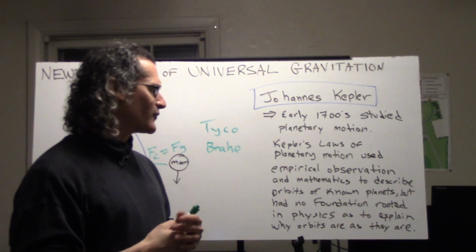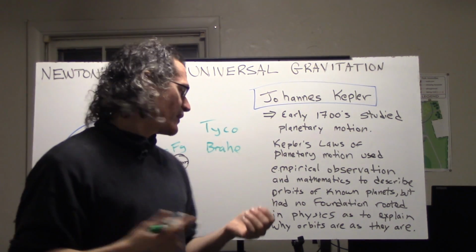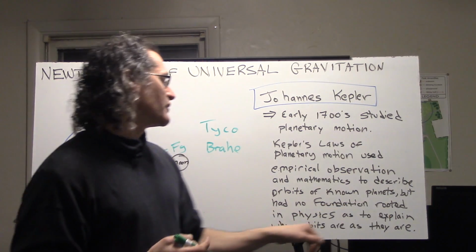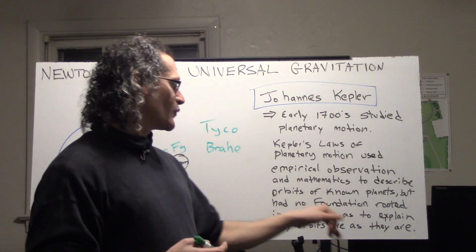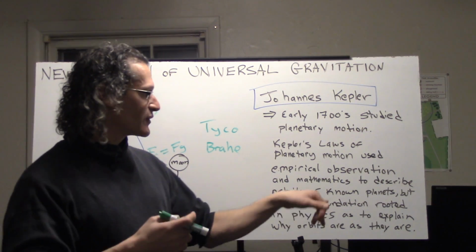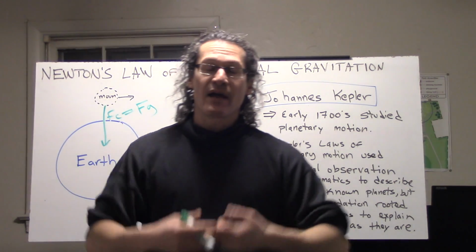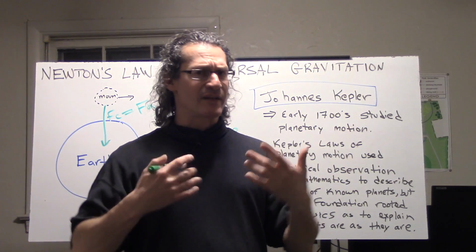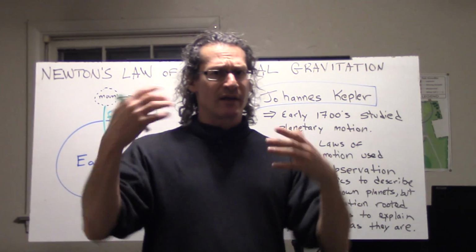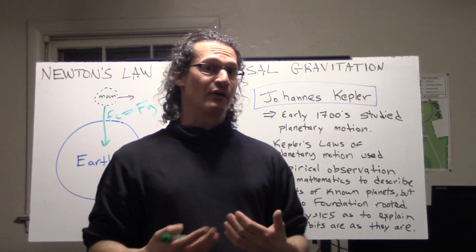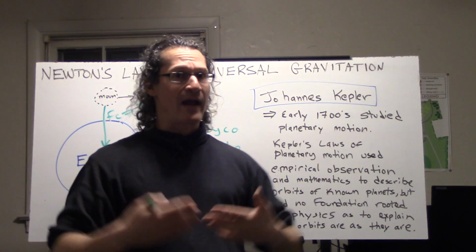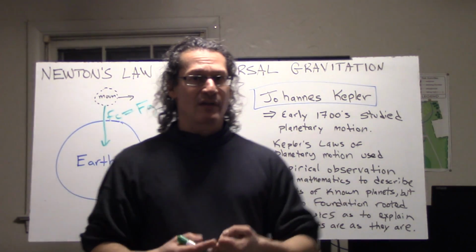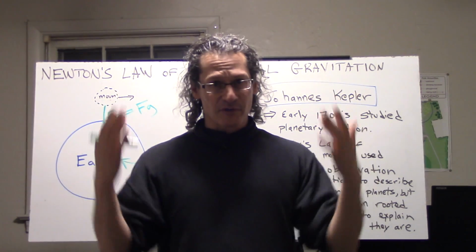And mathematics is a powerful tool to be able to predict where things might go, okay? It had no foundation rooted in physics as to explain why the orbits are as they are. And so Newton comes along later, and this idea of gravity, the thing that's holding the moon in orbit around the Earth, might be useful in helping describe exactly why, mathematically, why this all happens from a foundational perspective of physics.